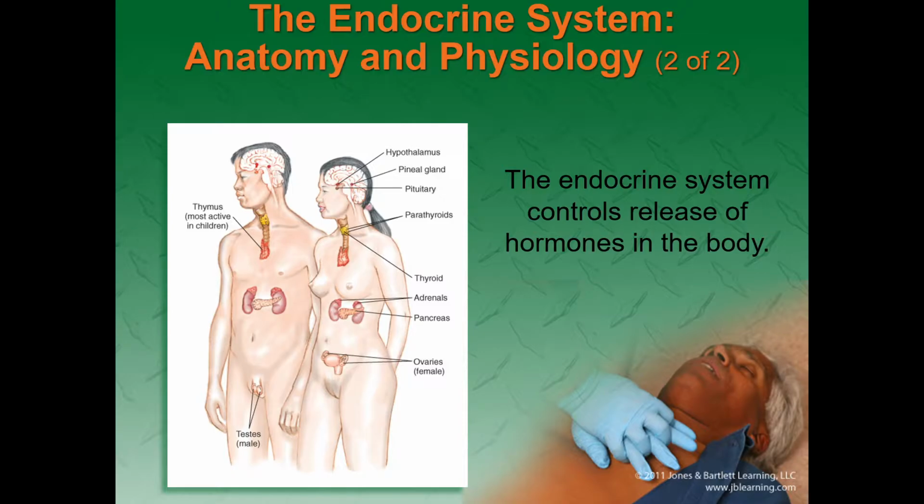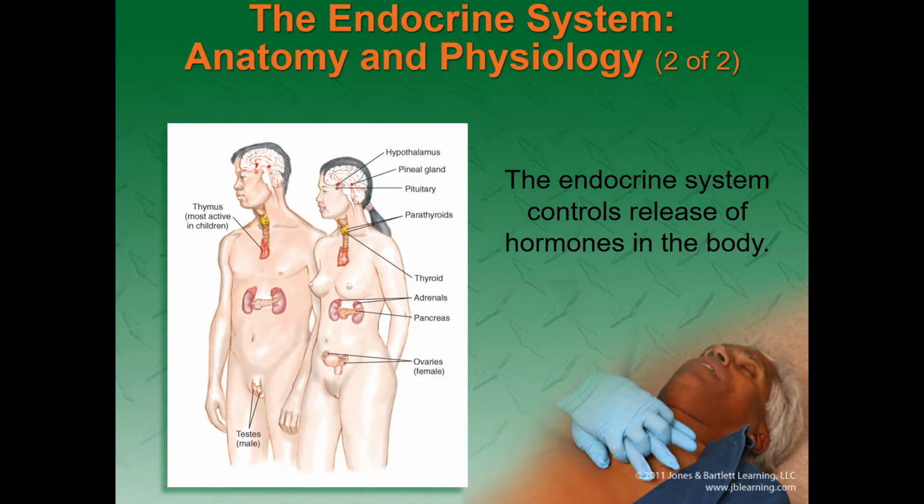The ovary regulates sexual function and characteristics and reproduction in women. The pancreas regulates glucose metabolism and other functions. Your parathyroid, which is up there in your neck, you can see that represented in the woman's picture. Both of us have them, but it regulates serum calcium, or the amount of calcium within the blood.